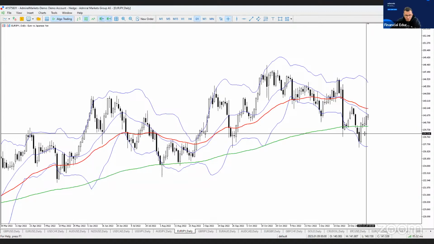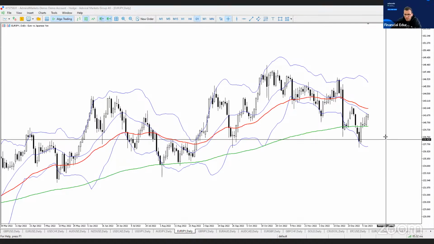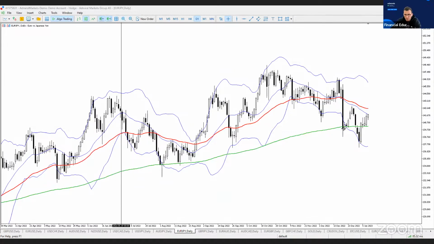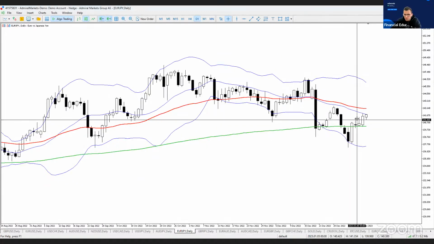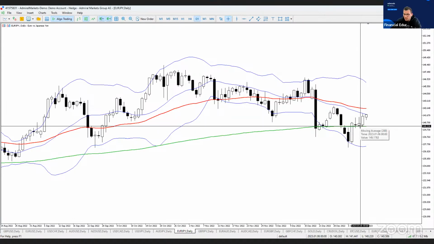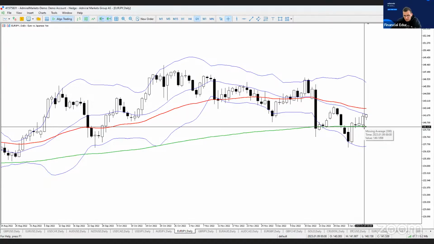Yesterday, I made it very clear, guys, about this Euro against JPY currency pair. There were two bearish pin bars here, but they were sitting right on a support zone. We don't sell the support. We only buy at support.